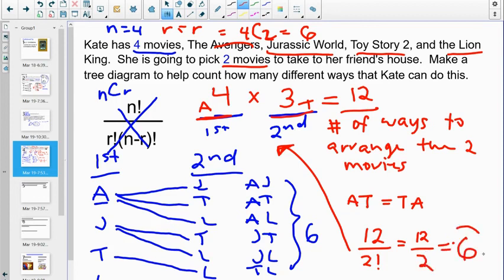There you go. So now we got them equal. Okay. So again, remember, you take your permutation, and then you're dividing it by the number of ways to arrange however many slots you have filled in.